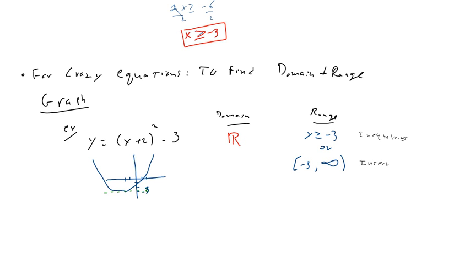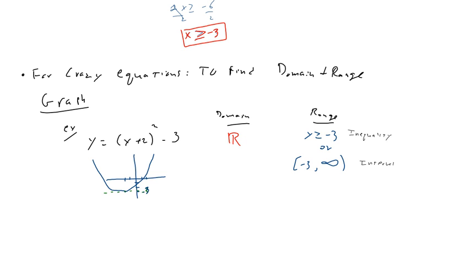Let me write this a little bit better. Inequality or interval. And you'll see different books, different people have different ways. One book may use one way, one person may use another way. They're both fine. Which you prefer? I don't care. I will understand them all.